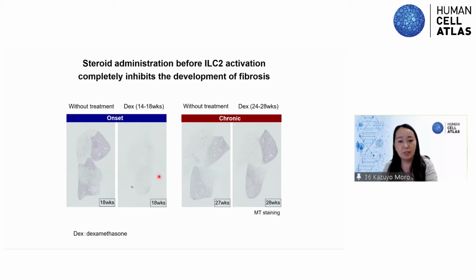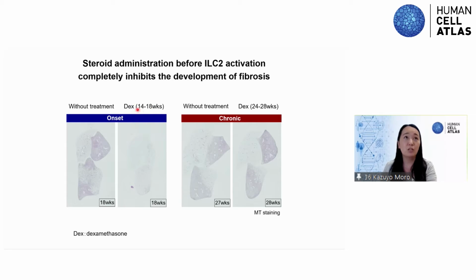So the ineffectiveness of steroid treatment for fibrosis is often a problem in clinical practice. So we therefore evaluated the effect of steroid in different fibrosis stages. When we start steroid treatment from age 24, fibrosis didn't stop.